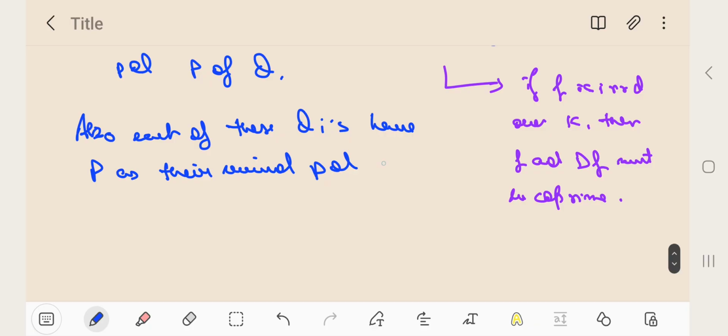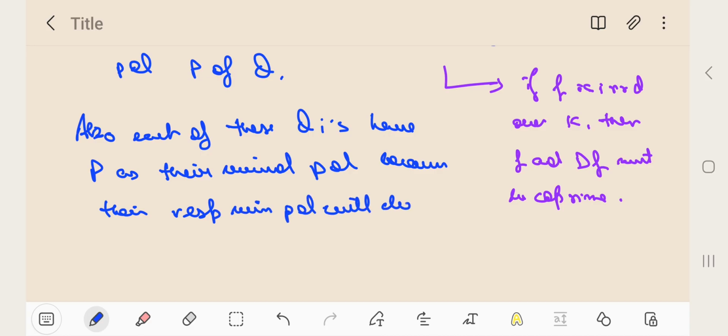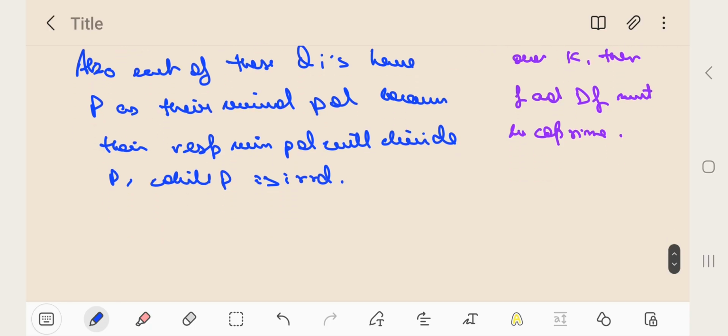Because it's quite obvious that their respective minimal polynomials will divide p, but p is irreducible, right? So they must be exactly equal to p.